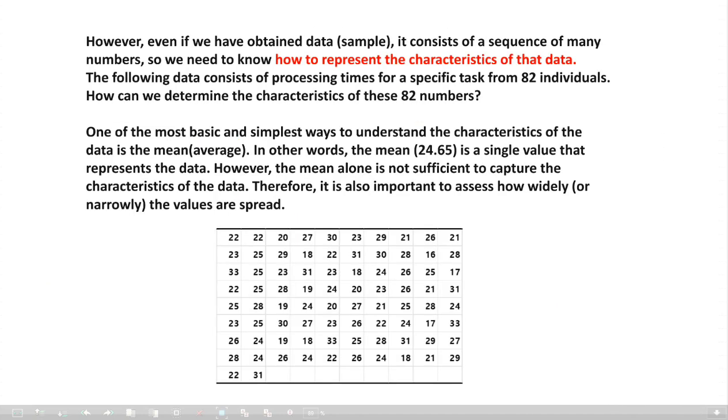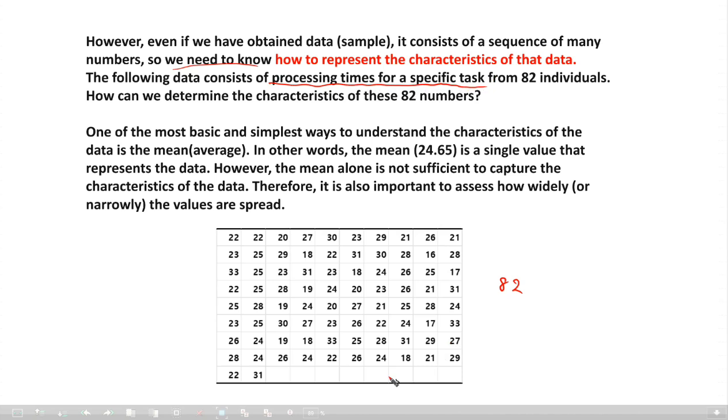Even though we get a sample, the data, it's just a sequence of many numbers. So we need to know how to represent the characteristics of that data. They are 82 numbers. This is the processing time for a specific task, 82 persons.